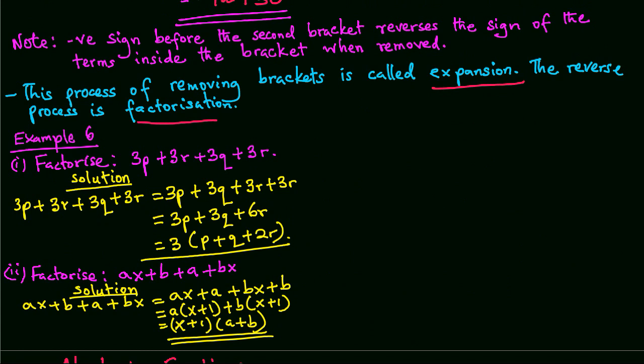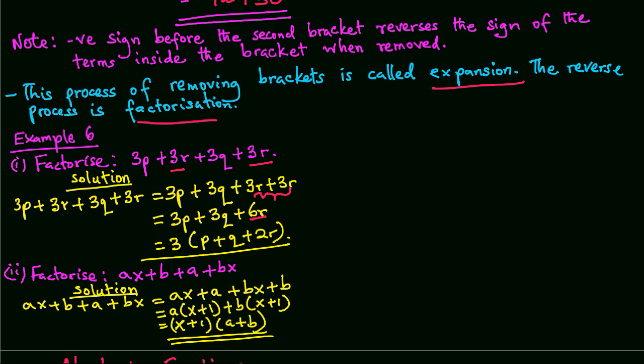But before we do that, there is need to simplify by putting like terms together. So remember, we have 3r and another 3r. So when we put them together, we are going to have 3p plus 3q plus 6r.